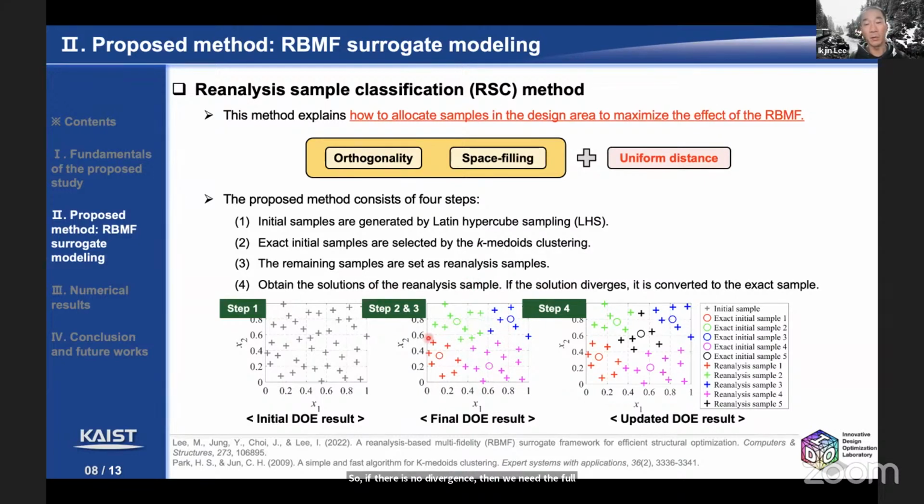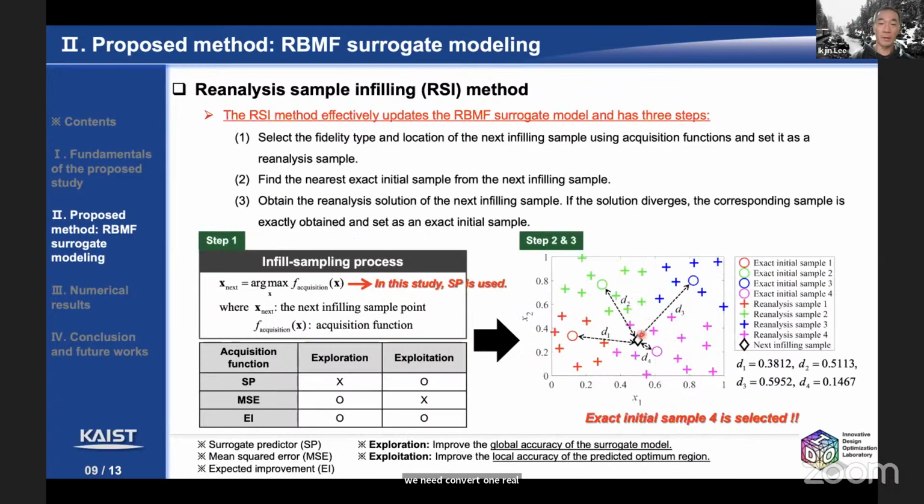But if one reanalysis solution is diverging, then we need to convert 1 reanalysis sample to an exact sample. And even with 4 exact samples and the remaining reanalysis samples, the generated surrogate model may not be accurate. Then we need to include more samples to obtain an accurate surrogate model.